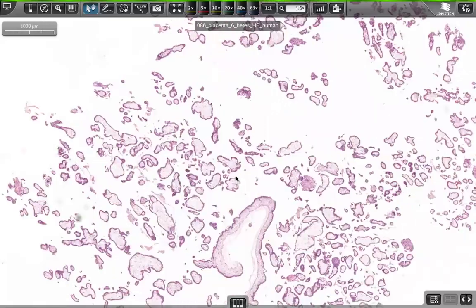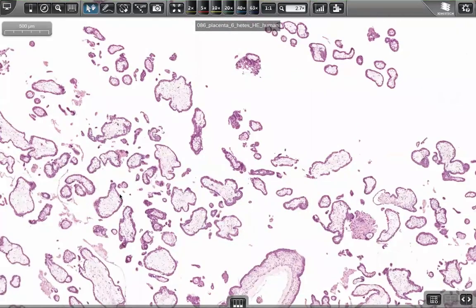Now we are looking at the tips of these chorionic villi, and eventually these structures are growing from the extraembryonic mesoderm from the fetal side, and among the villi we can find the maternal blood.